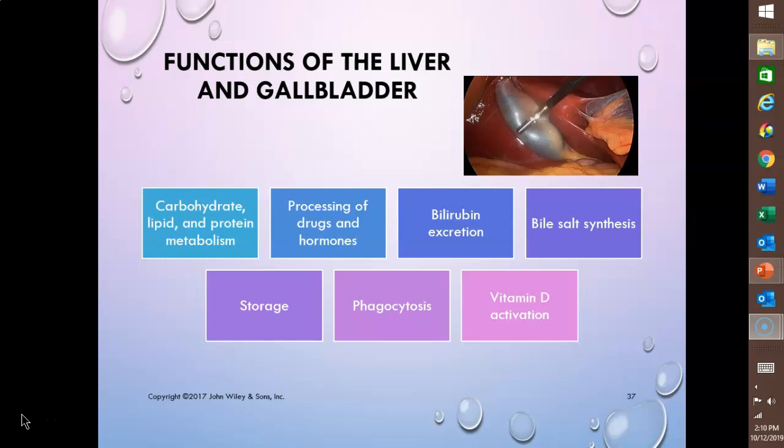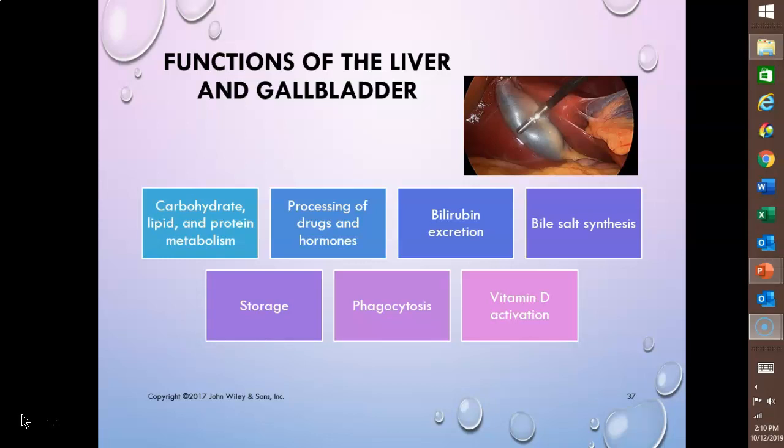So let's do an overview of the functions of the liver and the gallbladder. The liver is important in maintaining normal blood glucose levels. You should have learned this when you talked about the hormones, insulin and glucagon. When blood glucose is low, the liver can break down that stored glycogen to glucose and then release that glucose into the bloodstream.